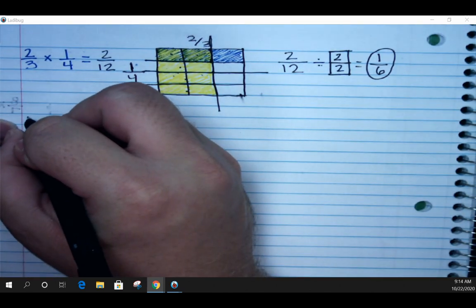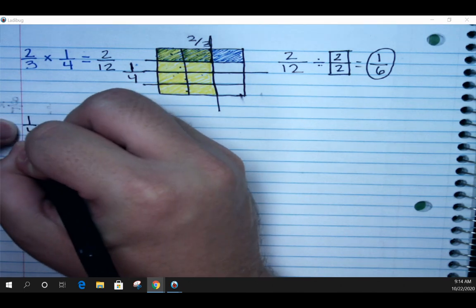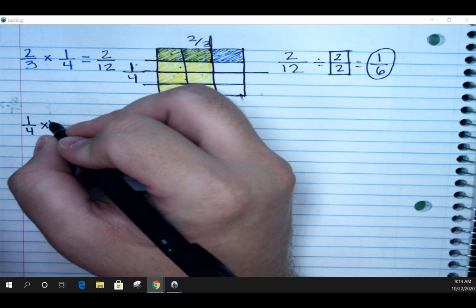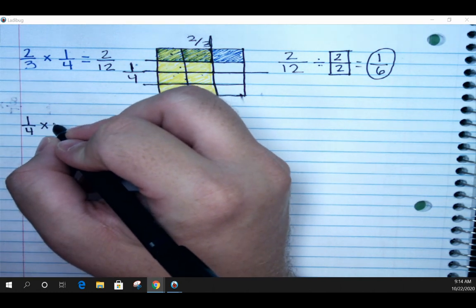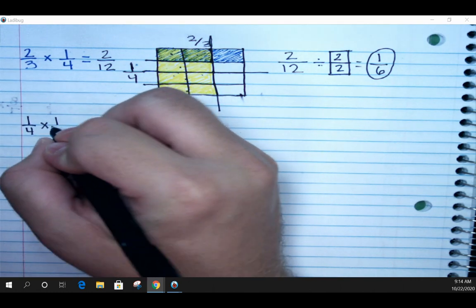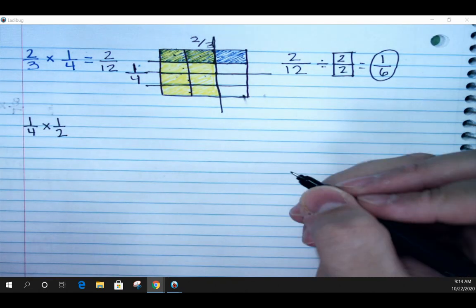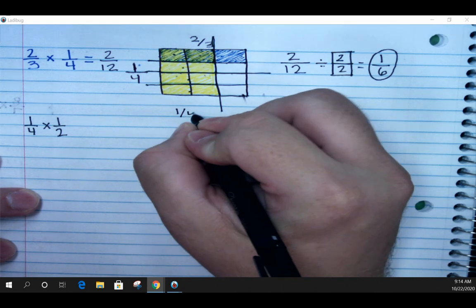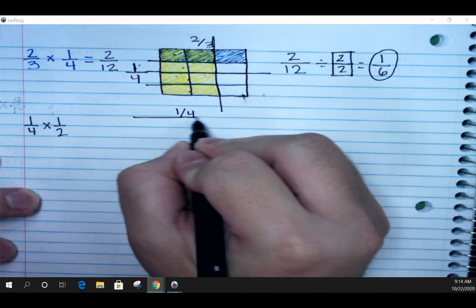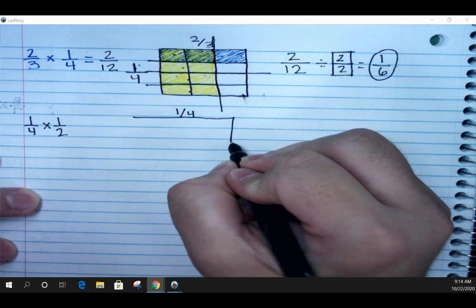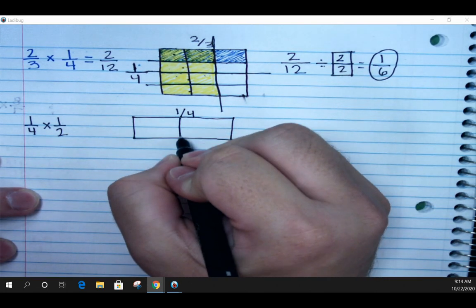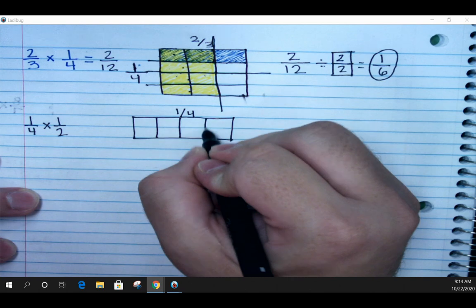What if I did 1/4 times 1/2? Okay, so I'll do a 1/4 on top. Cut it in half and cut the halves in half.